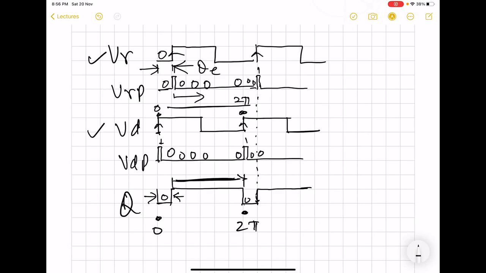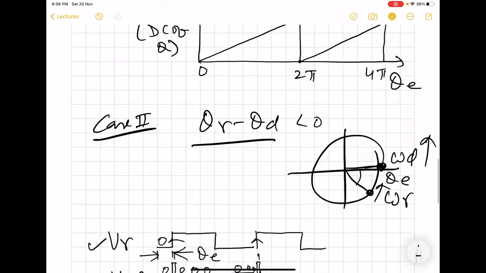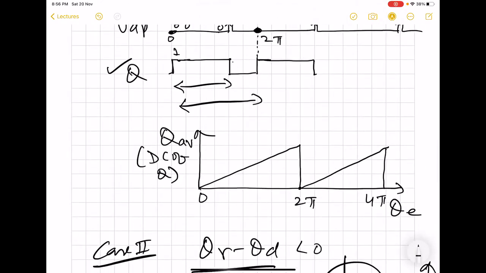So a small negative phase error gives rise to a large pulse width for Q. That means a large DC value for Q. And as the negative phase error increases in magnitude, this DC content of Q, or the width of Q, is going to decrease. So what we find is that for negative values, we are going to get a response like this.